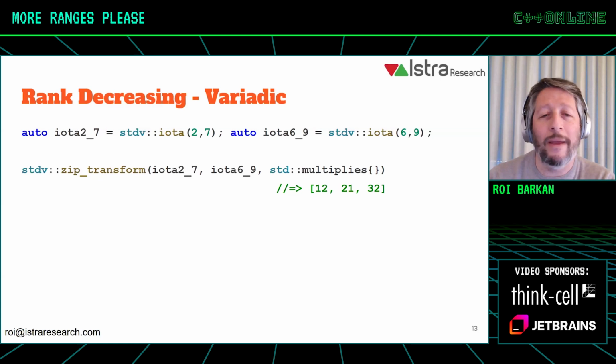And by the way, if the different variadic ranges have different lengths, then zip transform will just return a range that's the length of the shortest of all of them.